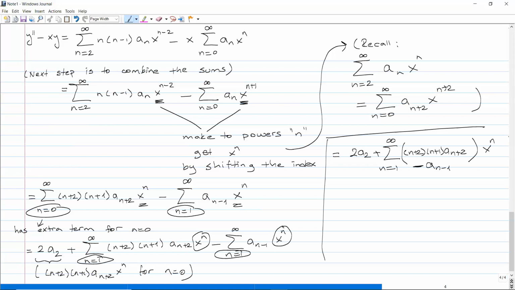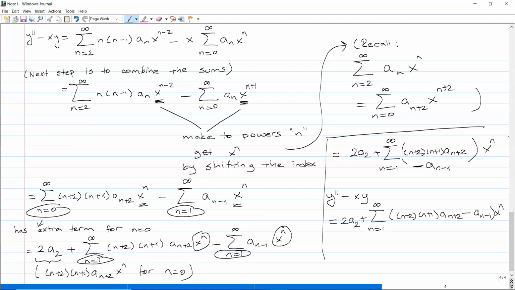And remember, this is the left side, y double prime minus x times y. We write it as the constant 2a2 plus the sum n from 1 to infinity, n plus 2, n plus 1, a n plus 2, minus a n minus 1, x to the n.